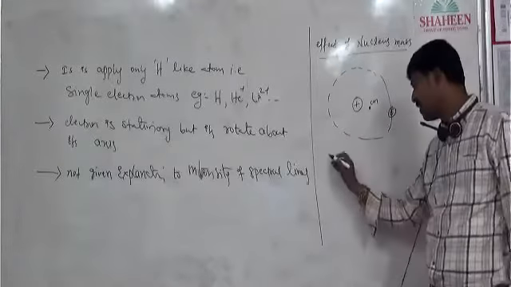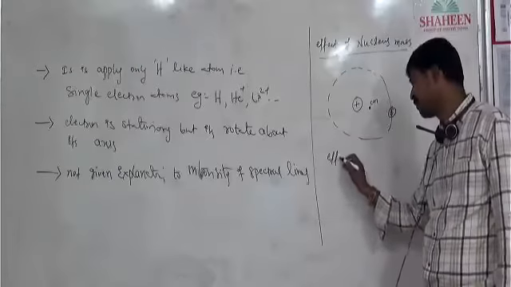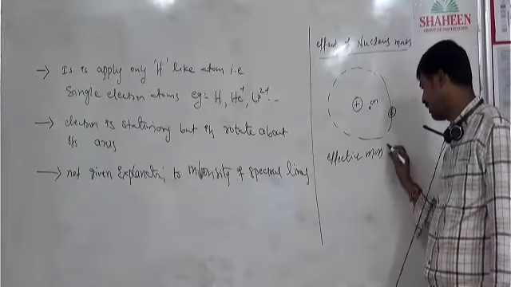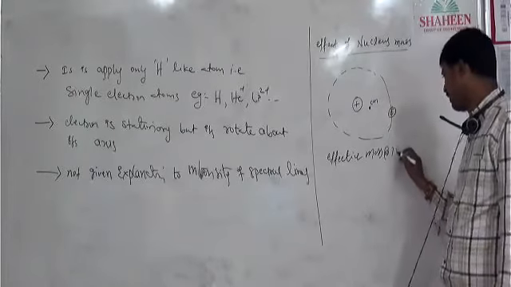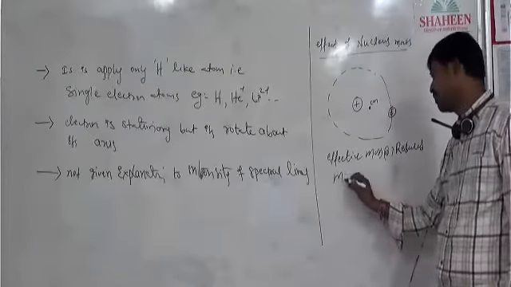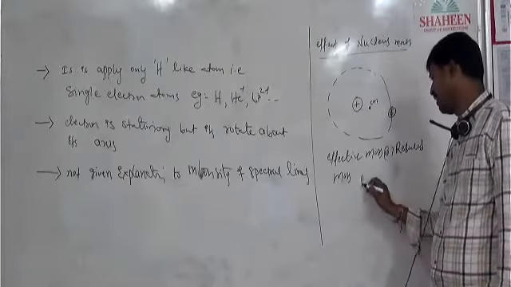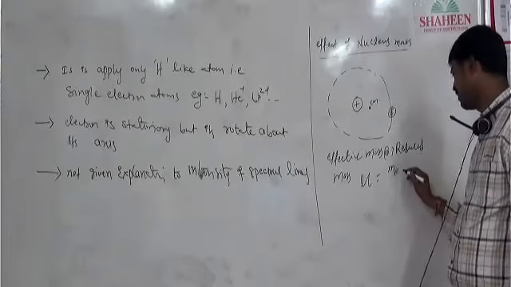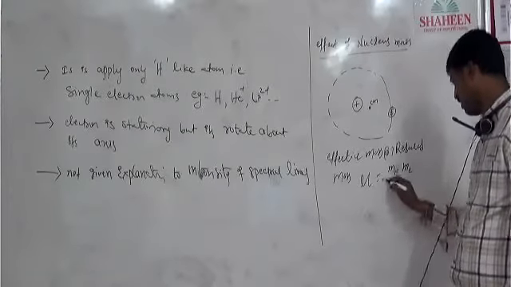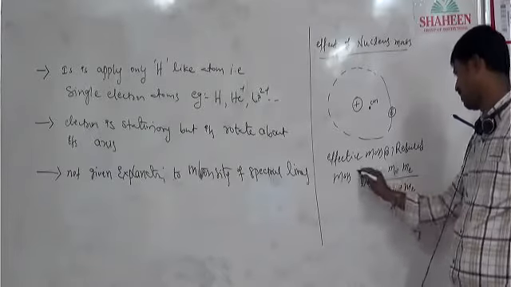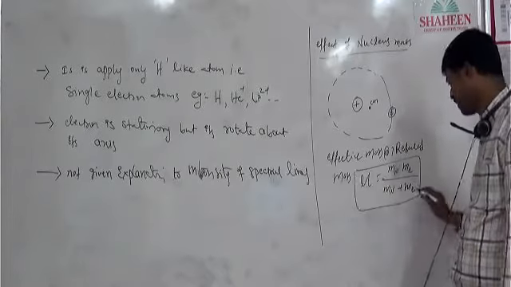The effective mass in this case, also called reduced mass, is denoted by mu. It is simply mass of nucleus into mass of electron by mass of nucleus plus mass of electron. This is the reduced mass we call.